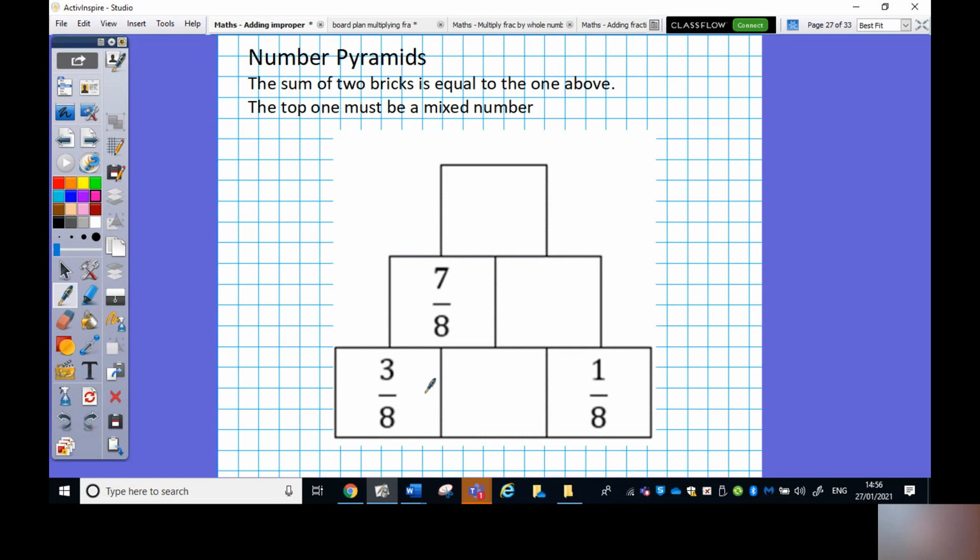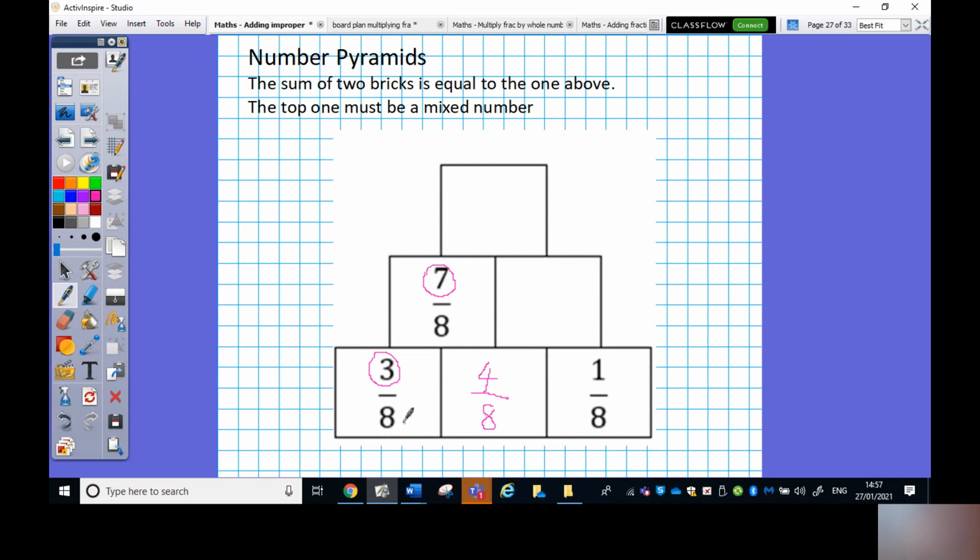This is a little more tricky because usually I would add the bottom two numbers, but the bottom number is missing. So I'm going to have to work backwards. I know that my answer is 7/8. What must I add to 3/8 to get 7/8? So I know that my denominator is 8. What I'm going to do to 7 and 3, I'm going to subtract 3 from 7, which leaves me with 4.